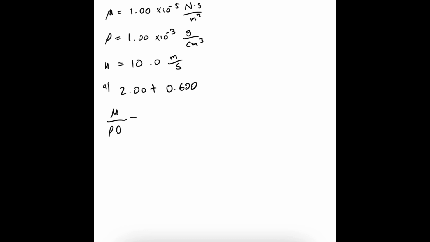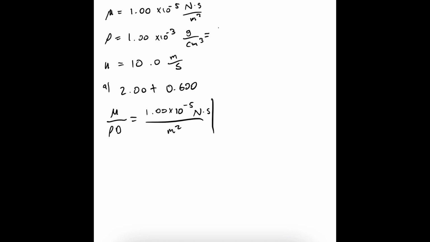Mu over rho D, that equals 1.00 times 10 to the minus 5 Newton seconds per meter squared divided by, oh, I didn't convert this density. The density needs to be converted into SI units.